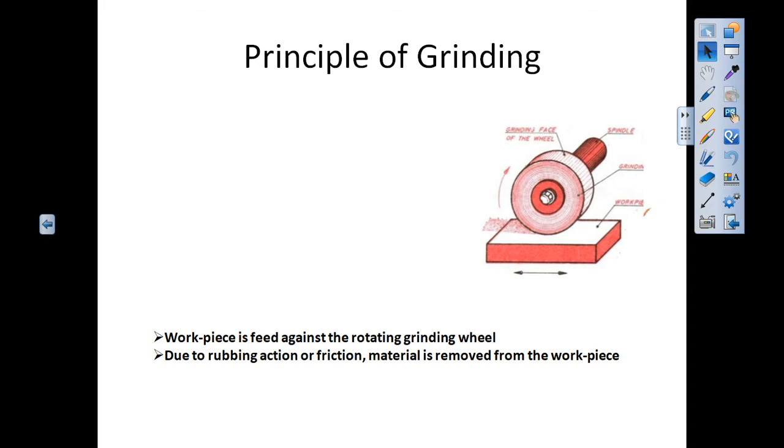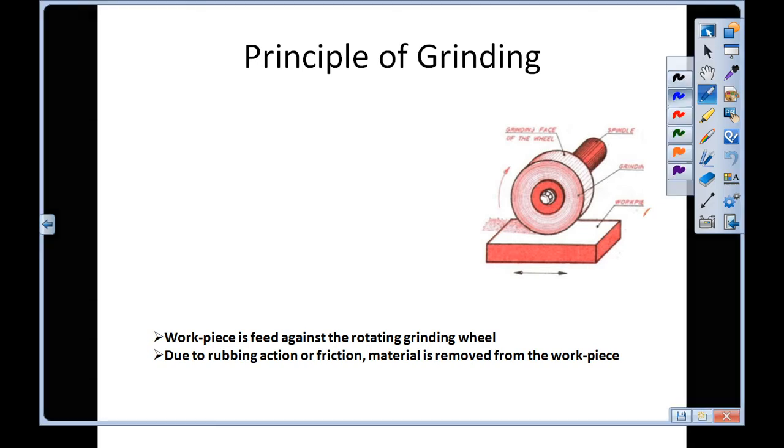Next we will talk about the principle of grinding. Here are two main elements. Here is your workpiece and this one is the grinding wheel.